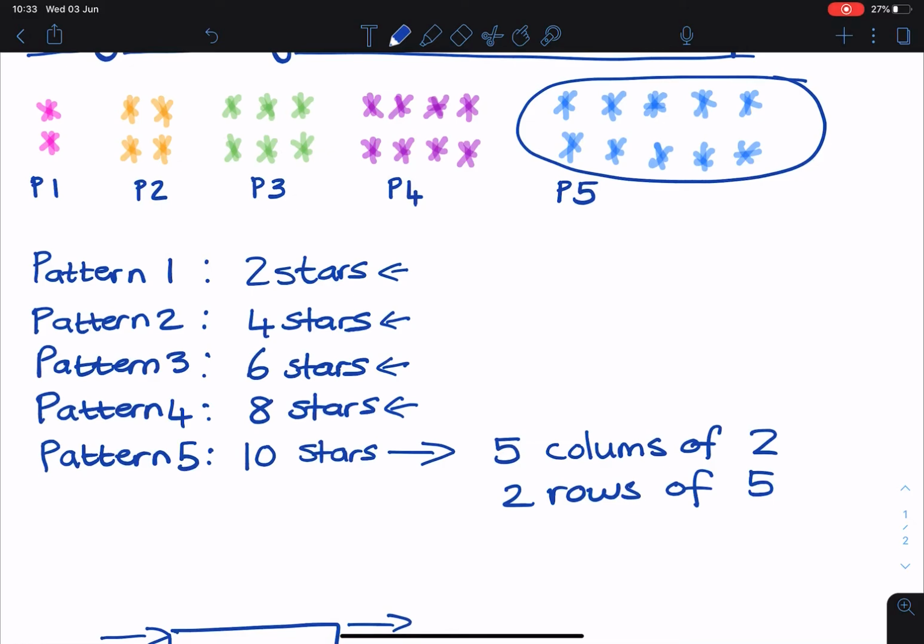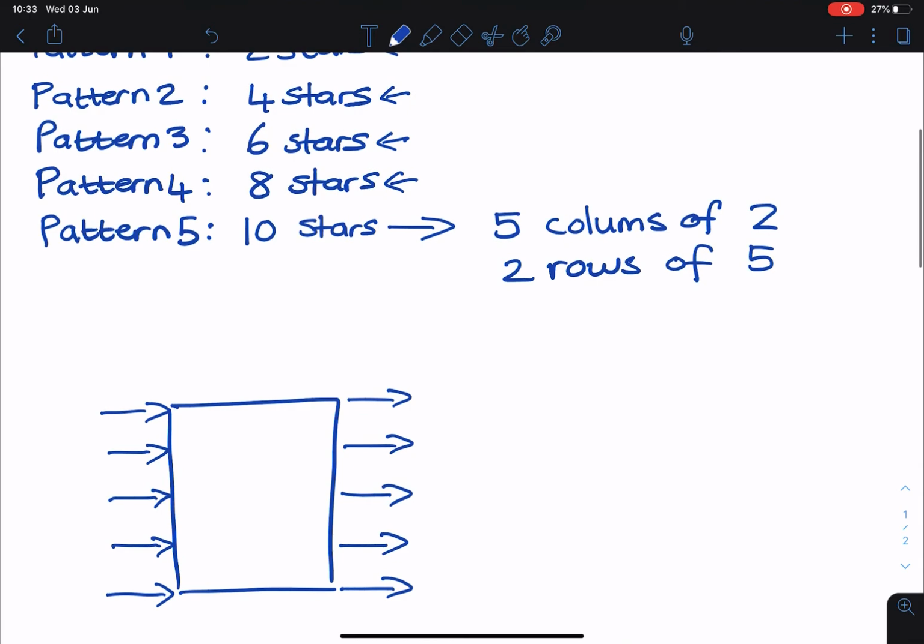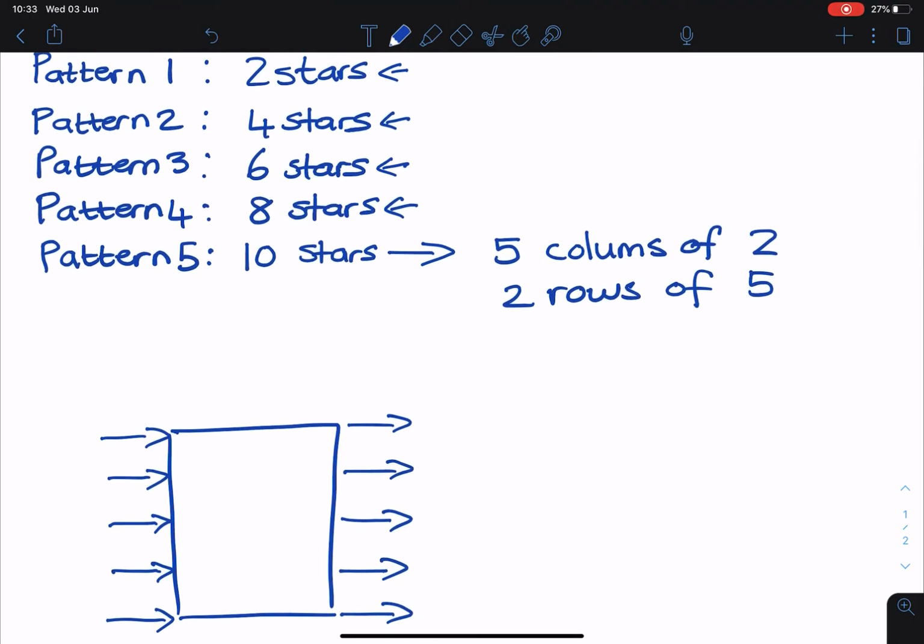They then ask you to put your answers into a flow diagram. So here's my flow diagram. And on the left, we have the pattern number. And our pattern numbers are here.